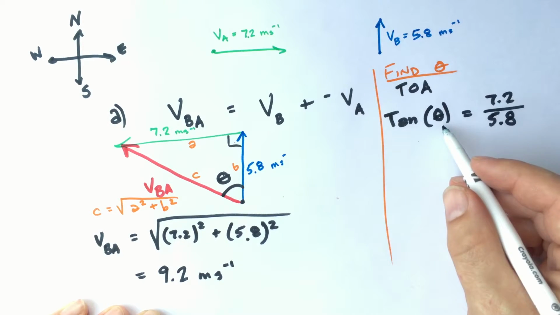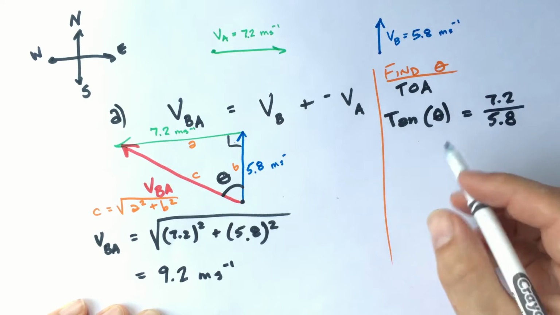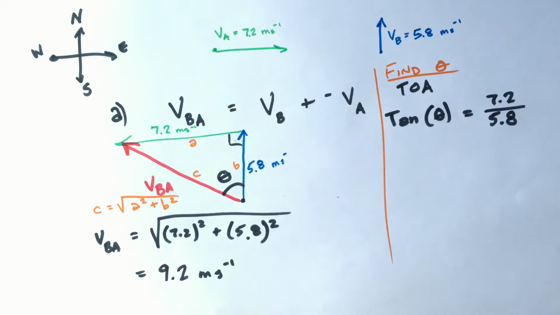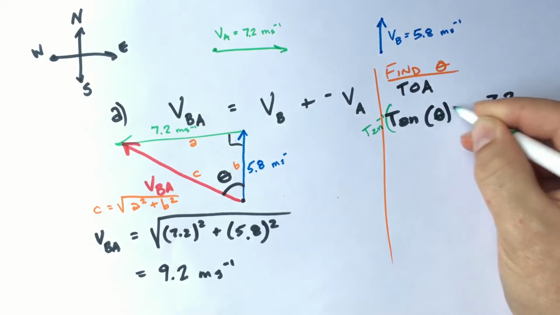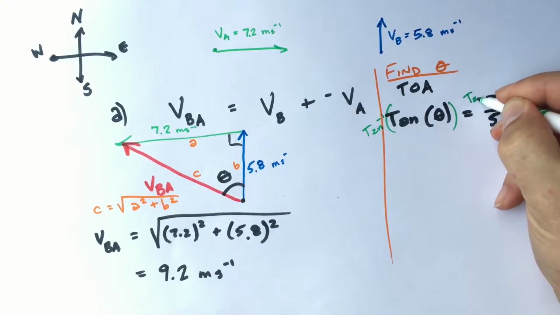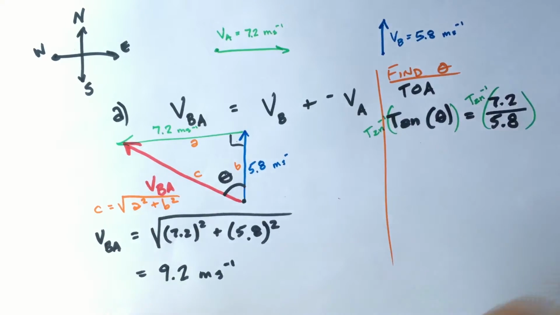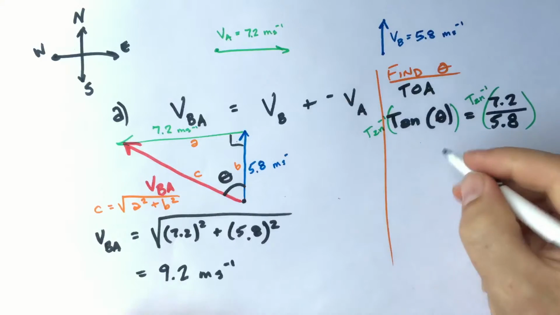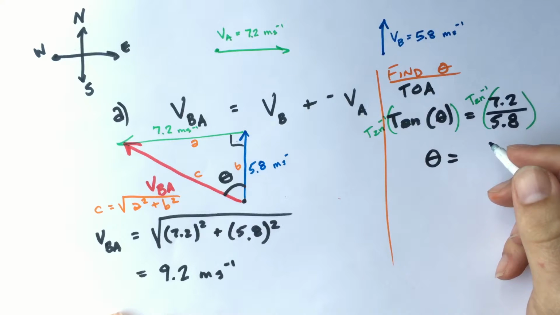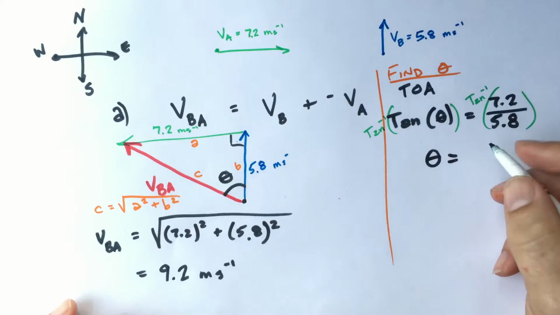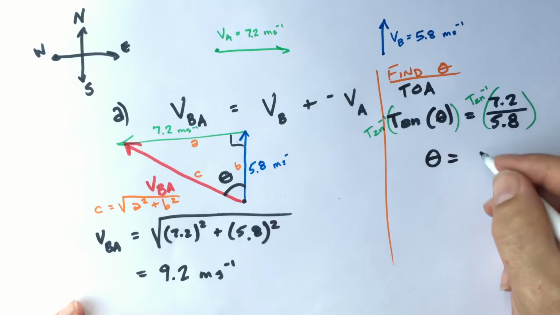So the tangent of theta is equal to 7.2 over 5.8. To solve this, all we have to do is take the inverse tangent of both sides, and we get that theta, if our calculator is in degrees mode, is equal to 51 degrees.